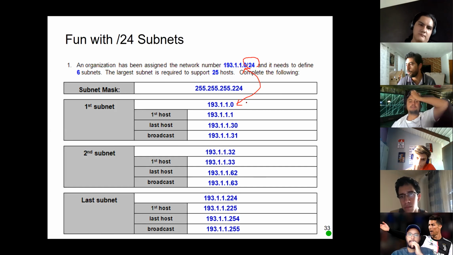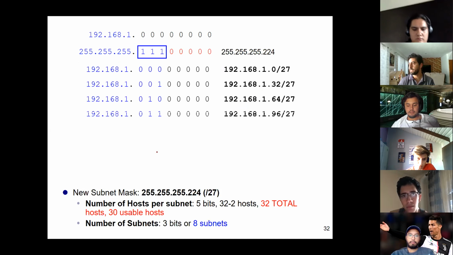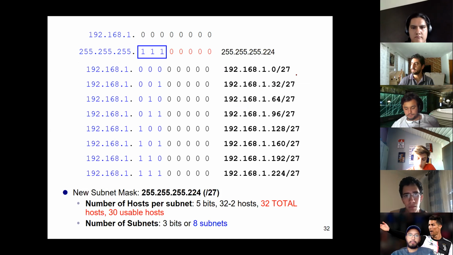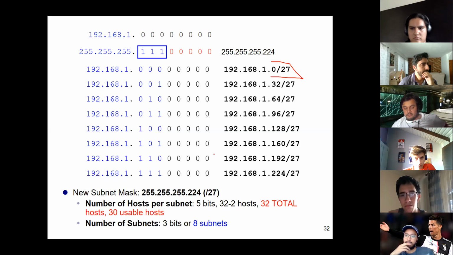Now you have 224. If I go back to this example here, usually what we see is this type of address, where the suffix, or the subnet mask, is there. Okay, but how does the router differentiate it? Like, this is the address of the entire network, and this is the first subnet.